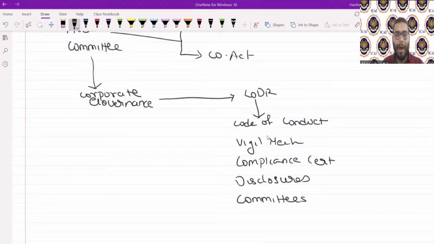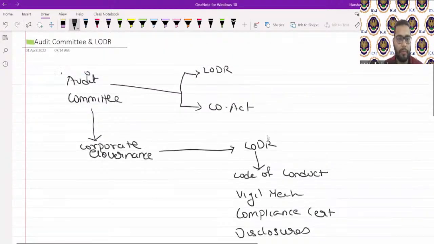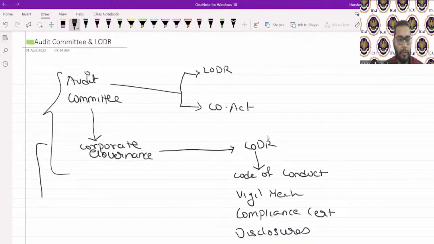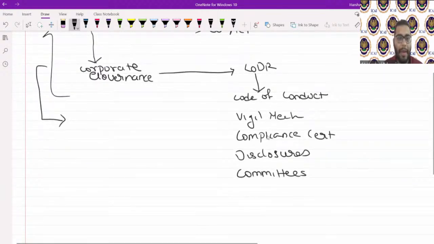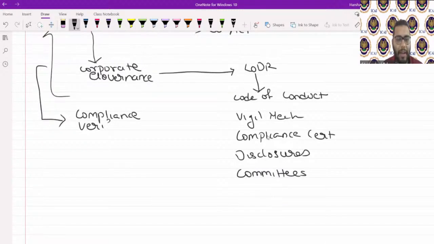Now, why are we referring to corporate governance or audit committee? What is the need for that? Understand, we are talking about this whole because there is a compliance verification required, or you can say a certificate on corporate governance.